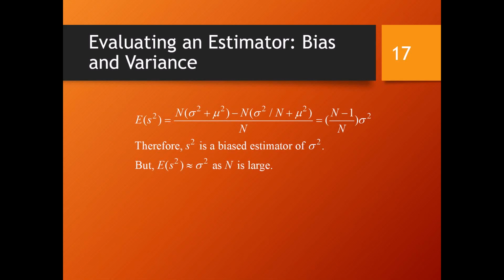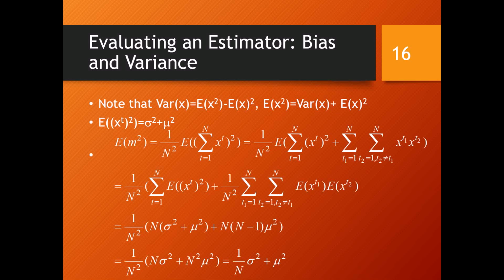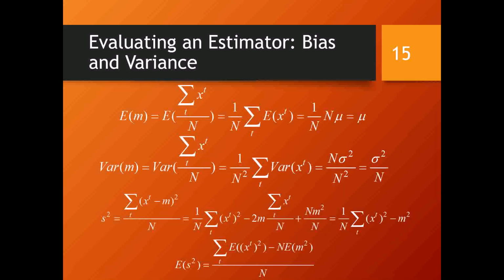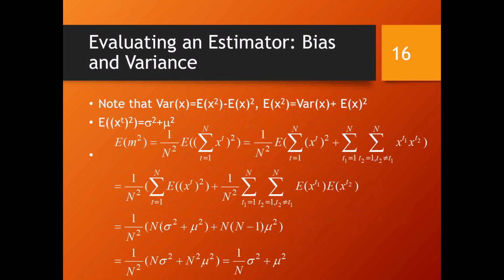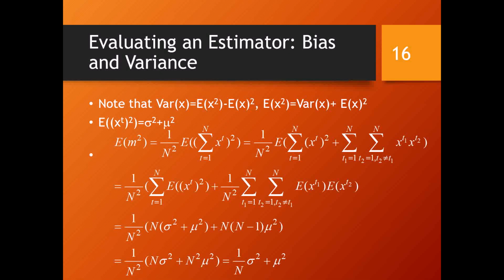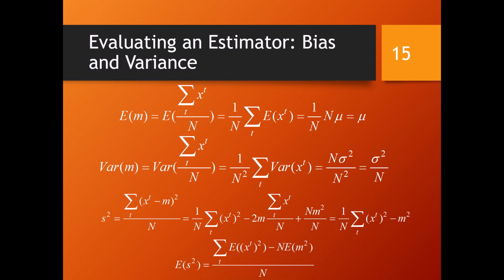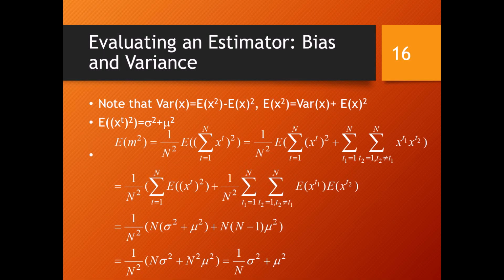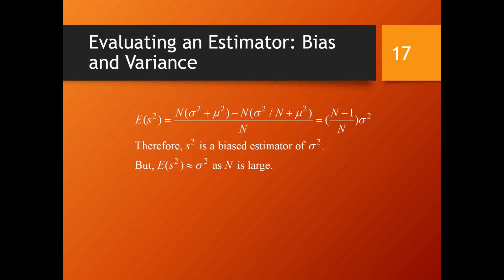So we have n times sigma squared plus mu squared for the summation term, and this term here is what we have calculated here, the expectation of m squared. The expectation of m squared times n is equal to this times n, right?